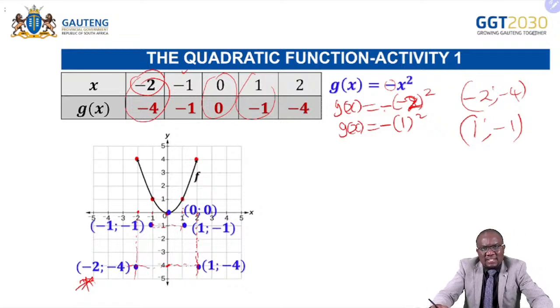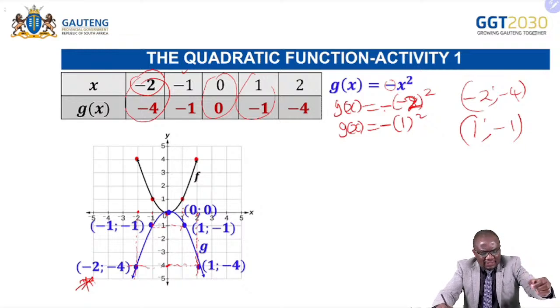And then we can sketch our graph there, and then this is our graph of g of x. Okay, so now we have the two graphs, f of x and g of x. We have seen the effect of a. The black graph f, our a was +1. The blue graph g, our a is -1.